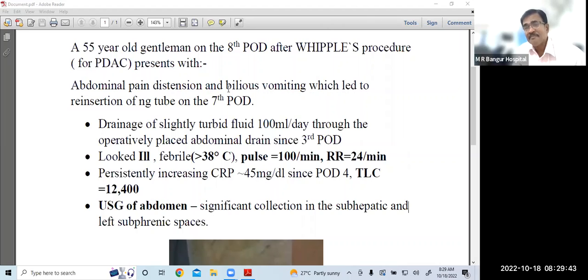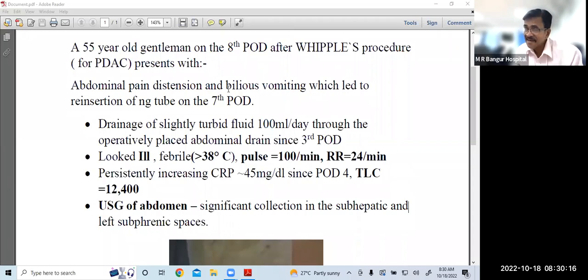Another important thing is why you are operating. Sorry, the first point was 0 and 2. Gland is firm, 0. Gland is soft, score is 2. If you are operating for adenocarcinoma or chronic pancreatitis, the score is 0. If you are operating for other conditions, such as duodenal or islet cell tumor, score is 1.